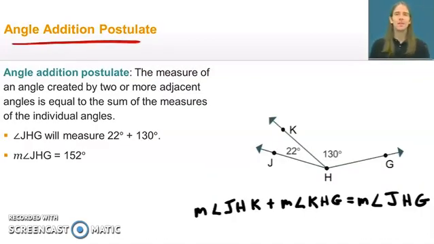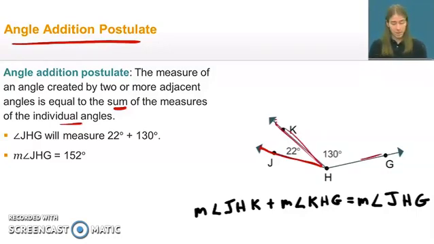We can talk about the measure of that angle by using the angle addition postulate. This is very similar to the segment addition postulate, because it states that the measure of an angle created by two or more adjacent angles is equal to the sum of the measures of the individual angles. On this diagram, angle JHK and angle KHG come together to form angle JHG.